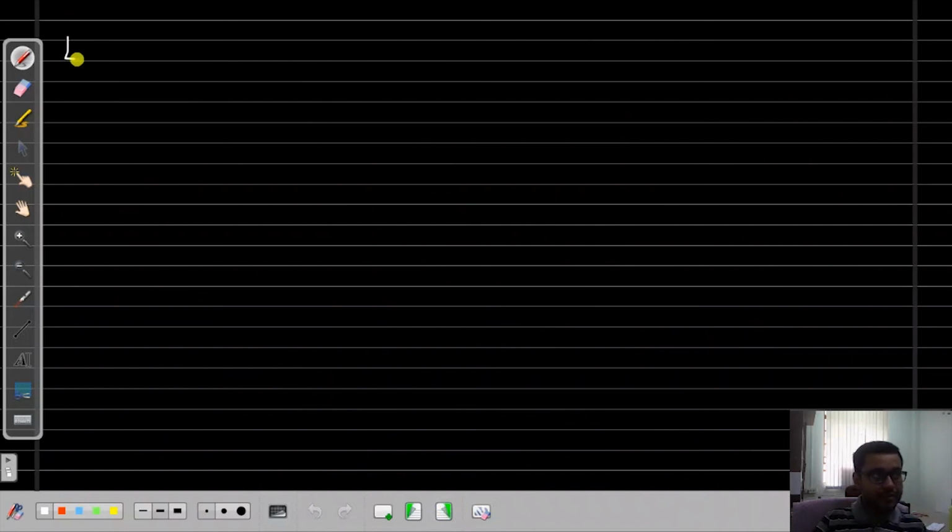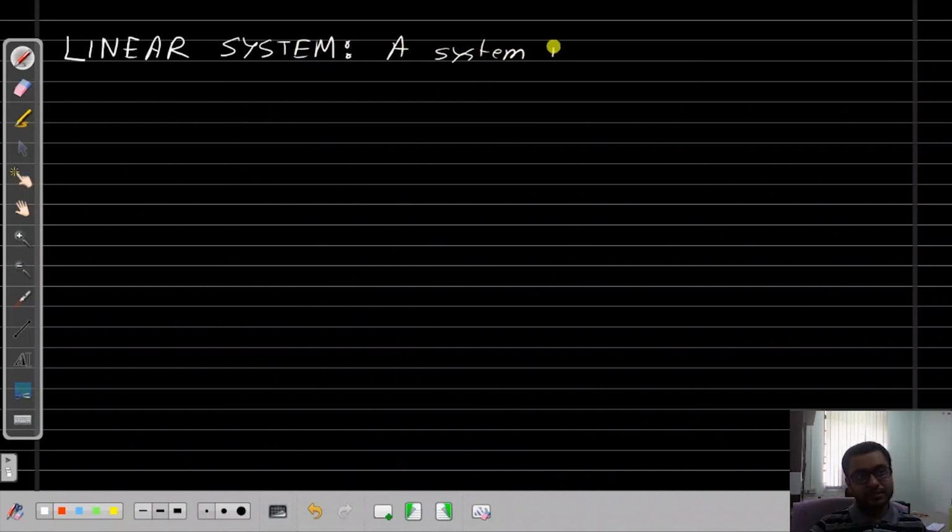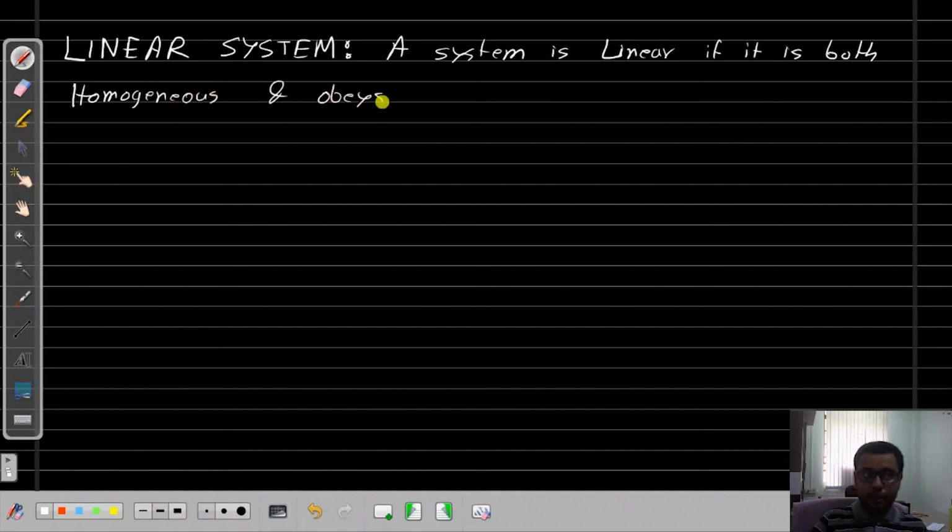Now I shall define linear systems. A system is linear if it is both homogeneous and obeys the superposition principle.